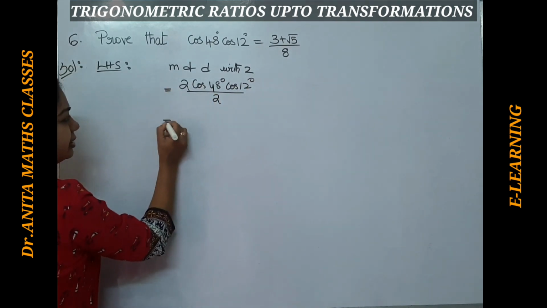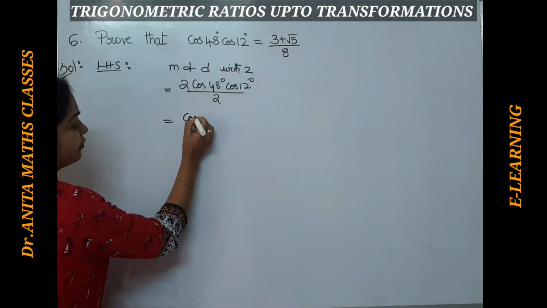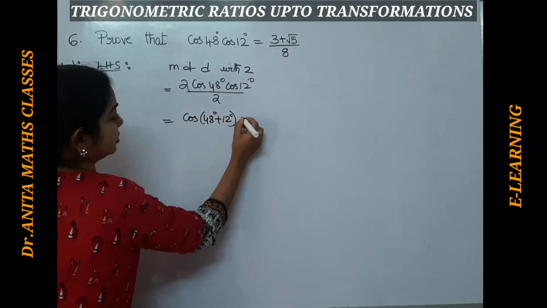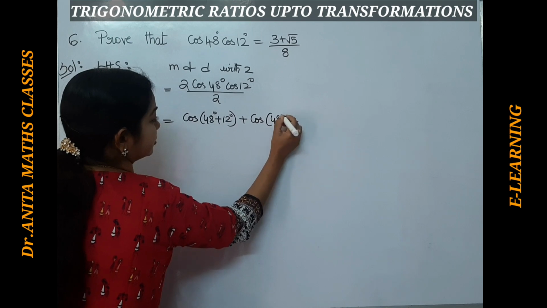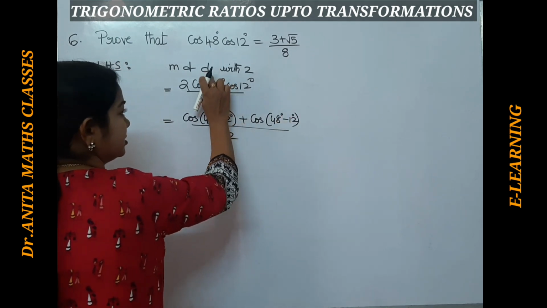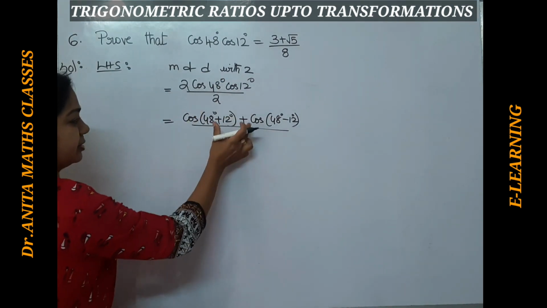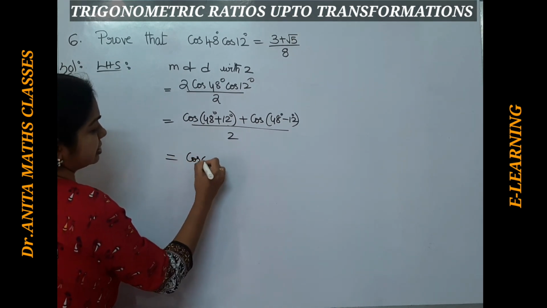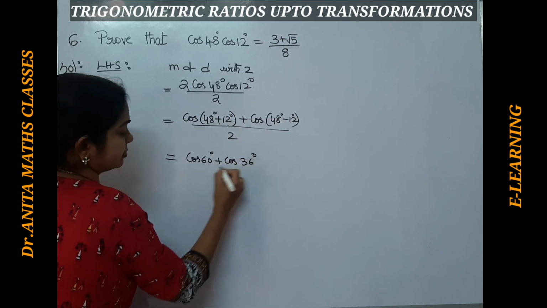We know that 2 cos A cos B is cos of 48 plus 12 plus cos of 48 minus 12, divided by 2. The product we have transformed into the sum. This is the formula. Now this becomes cos 60 degrees plus cos 36 degrees by 2.